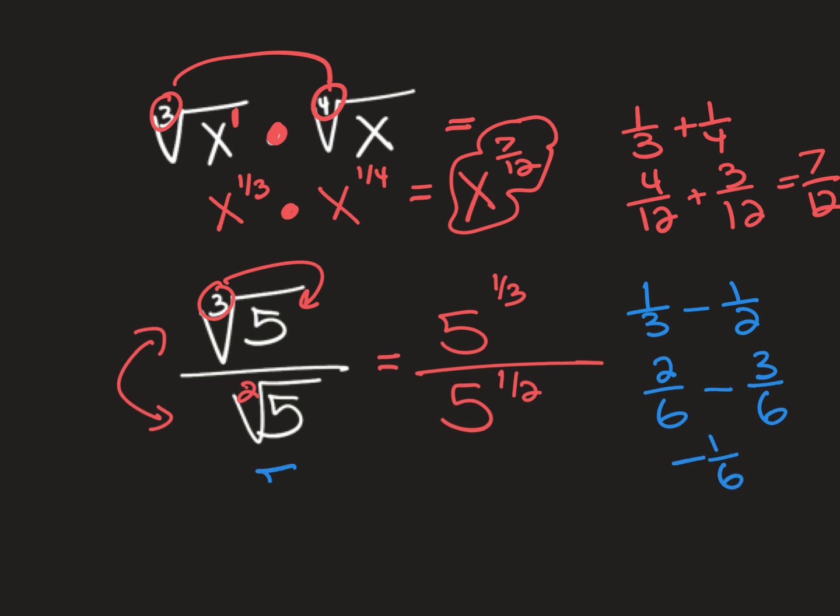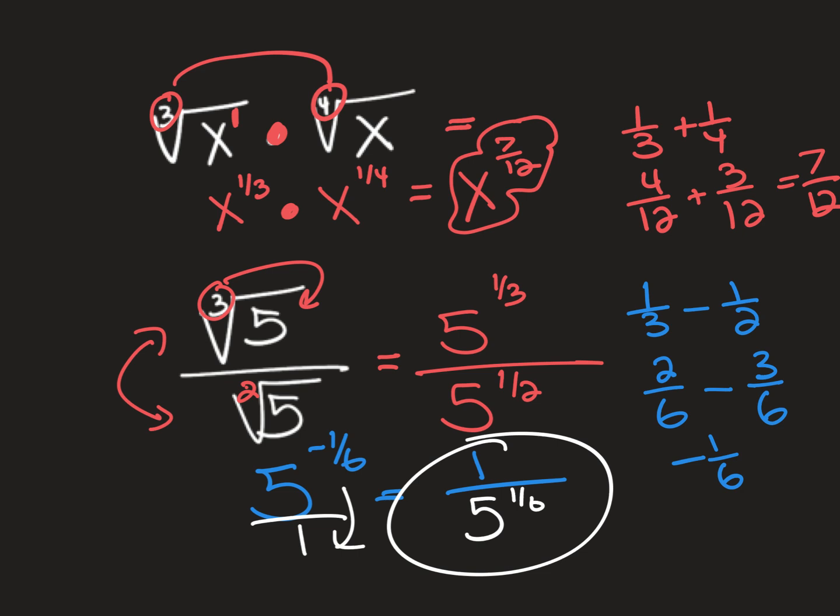So here I have 5 to the negative 1 over 6. And we do not like negative exponents in our final answer. So I am going to put it over 1 and go ahead and push it down. So that would be my final answer for this one.